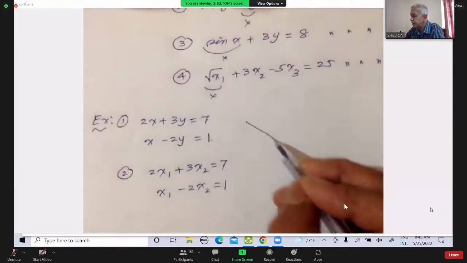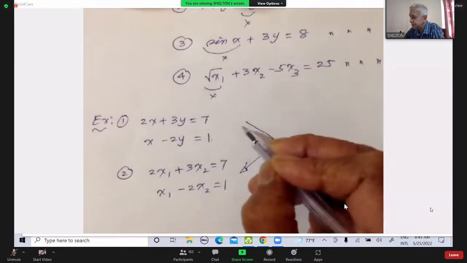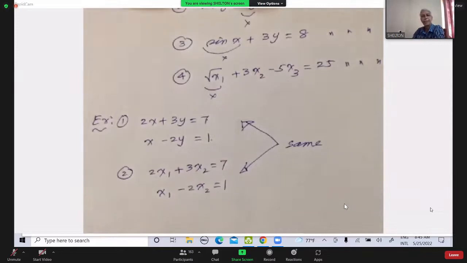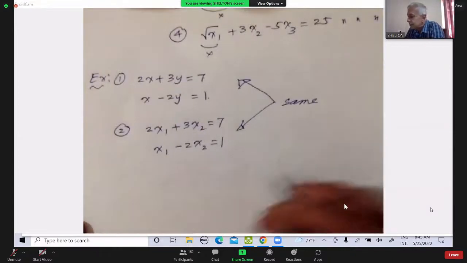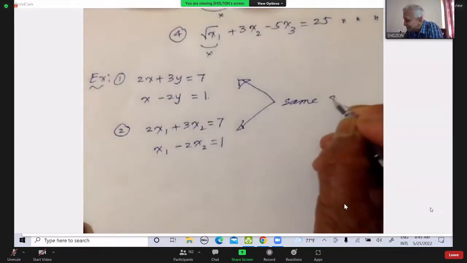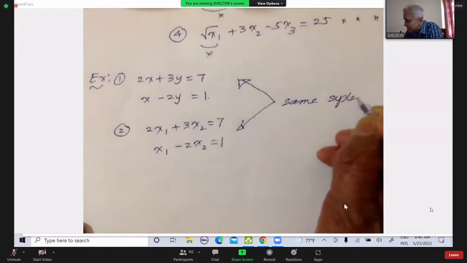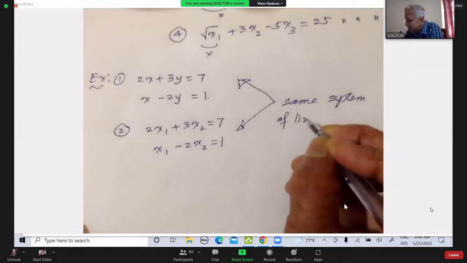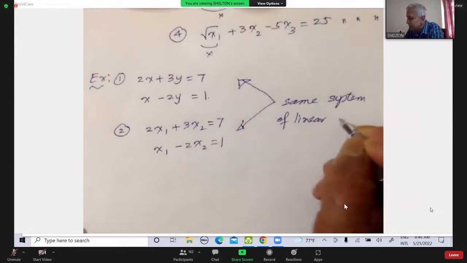These are the same system of linear equations. Variables here are x and y, and I have denoted them with x1, x2 notation here. So it is the same system of linear equations.